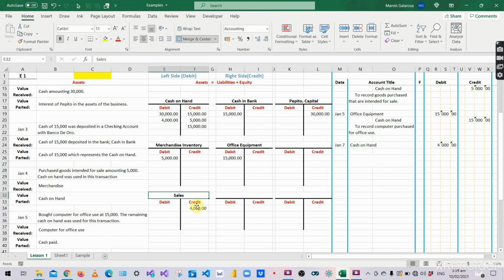Credit ng sales, 4,000 pesos. Lagyan natin ng description to record cash sales.